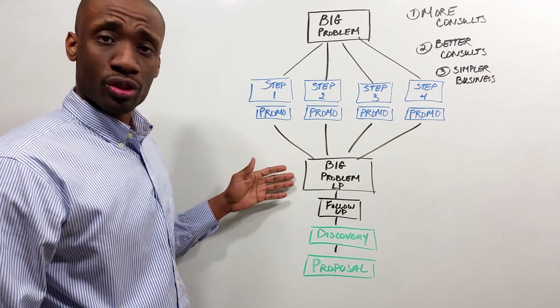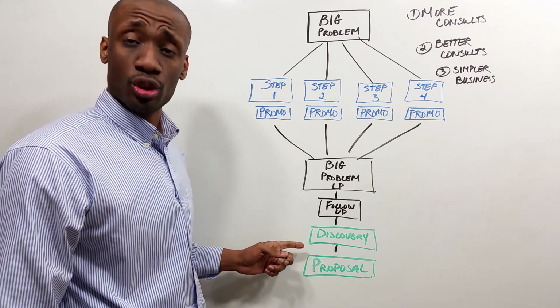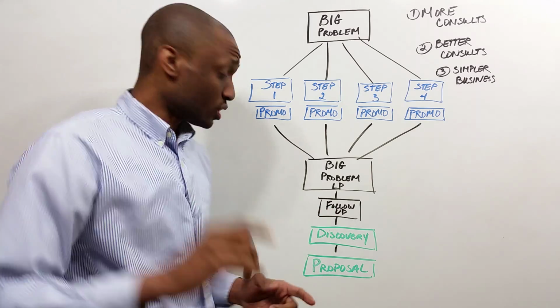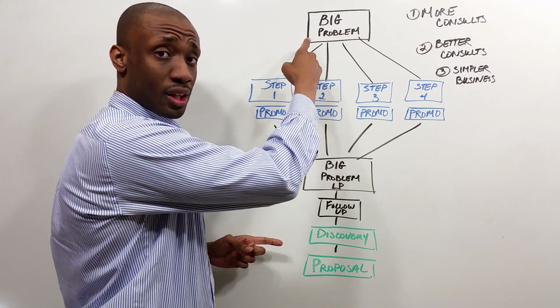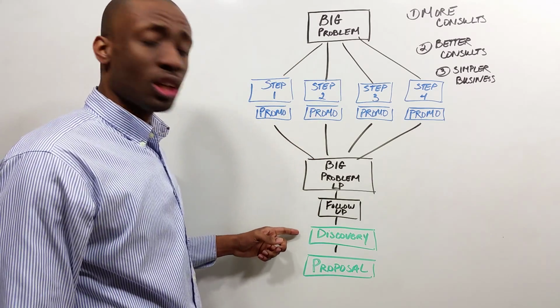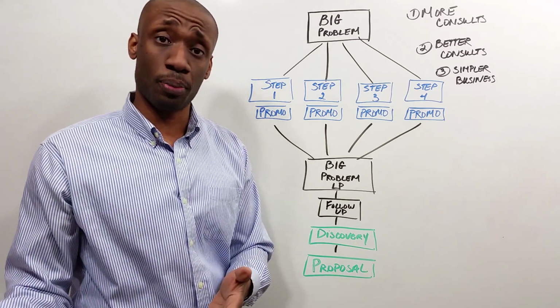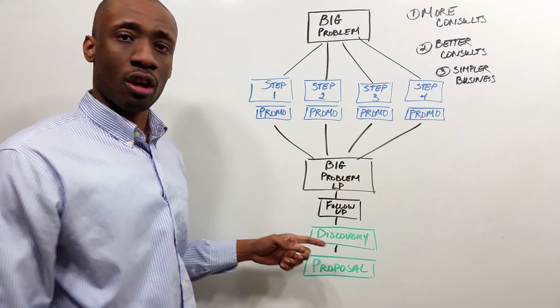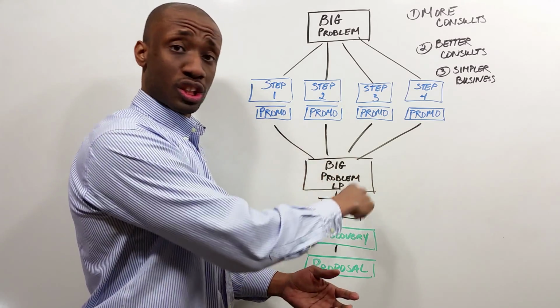So someone registers here, you offer them a simple follow-up series because you're trying to get them into your free consultation. Notice that free consult is offered down here, not up here, right? So the content helps filter people, helps qualify people. So when you get on the call, you're having the right conversation with the right kind of person. So on the discovery call, you're really just listening to their problem. You already have a basic solution templated out.